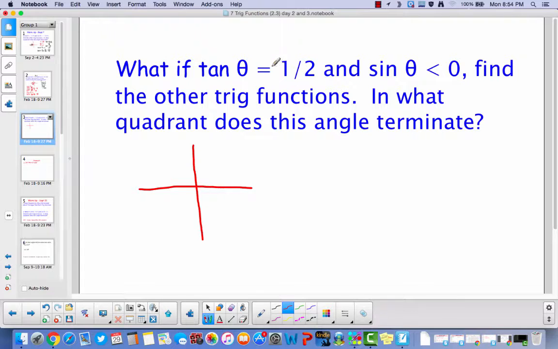For this to be positive, but to be in the third quadrant, that means our x has to be a negative value and our y has to be a negative value, because negative divided by a negative is a positive. So our x is a negative 2, our y is a negative 1.